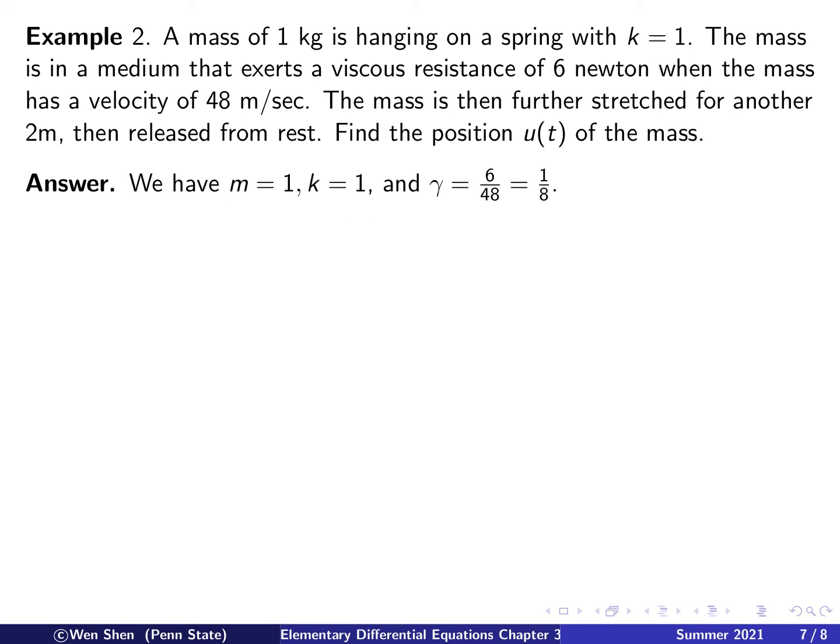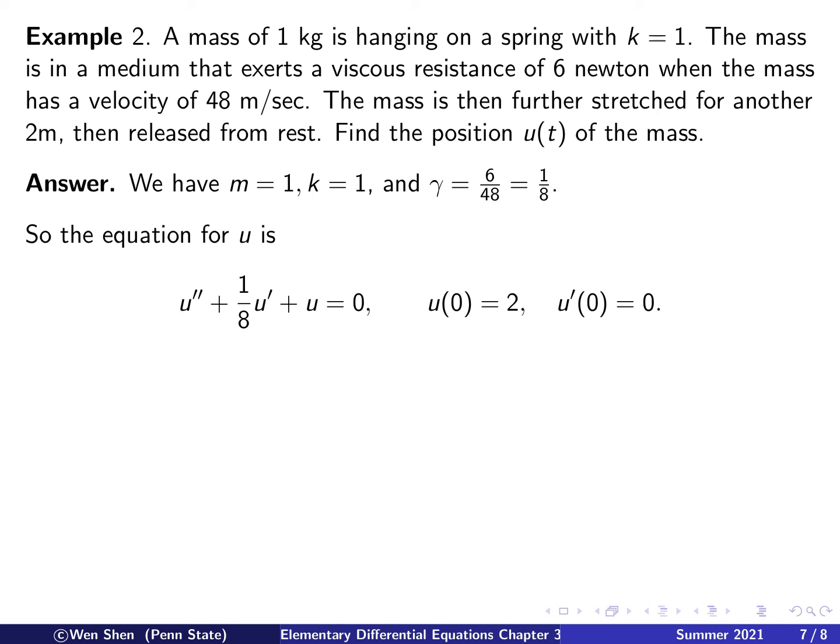But there is the sentence: a medium that exerts viscous resistance, that is 6 newtons, when the velocity is 48. And the ratio between them is exactly this resistance. So the damping gamma is 6 over 48, which can be simplified as 1 over 8.